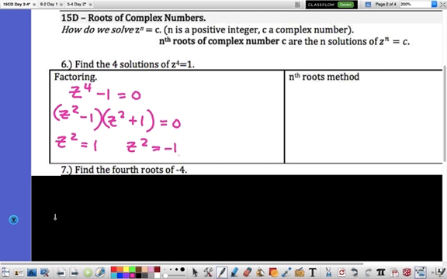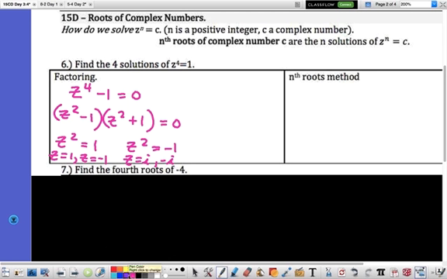Well, two numbers that do that: 1 and negative 1. Z equals 1. Z equals negative 1. Two complex numbers squared give me negative 1. Z equals i. Z equals negative i. Make sense? Okay, so factoring. That one was pretty easy.